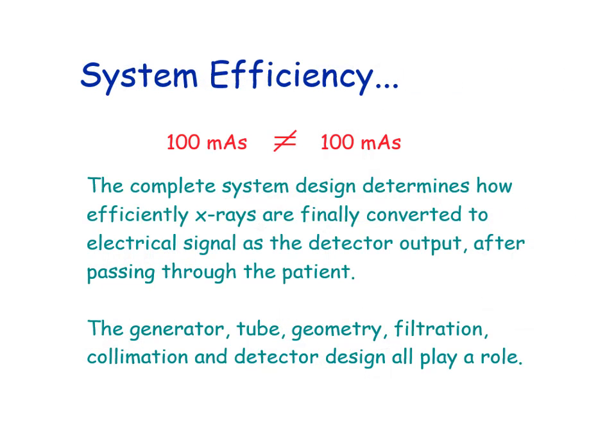The complete system design determines how efficiently X-rays are finally converted to electrical signal as the detector output, after passing through the patient. The generator, tube, geometry, filtration, collimation and detector design all play a role. System efficiency.